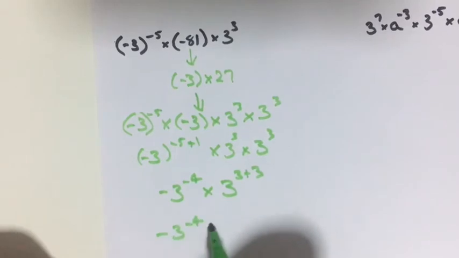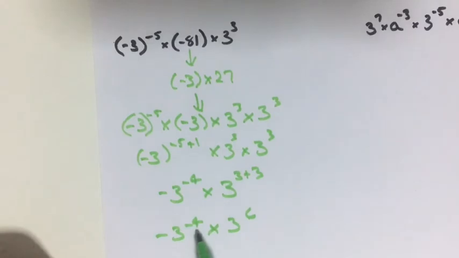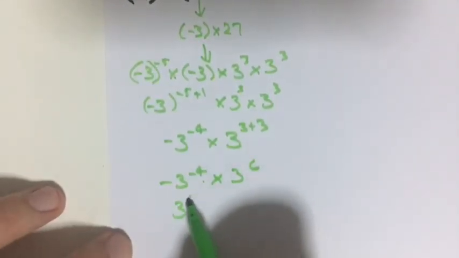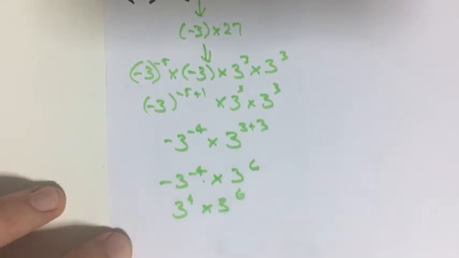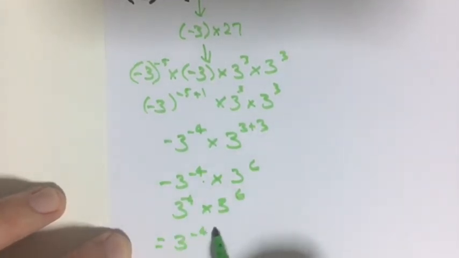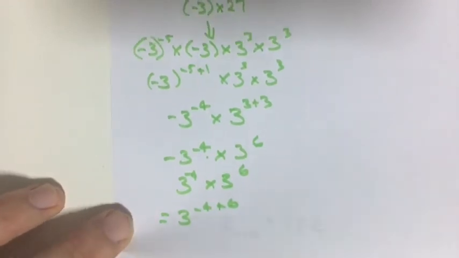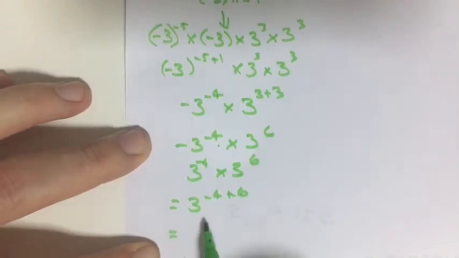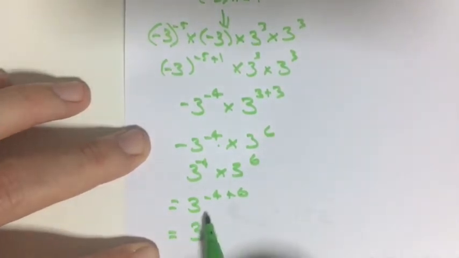Negative 3 to the negative 4 times 3 to the 6. Now, because this is an even exponent, let's make this positive. 3 to the negative 4 times 3 to the 6 equals 3 to the negative 4 plus 6, which equals 3 to the power of 2.